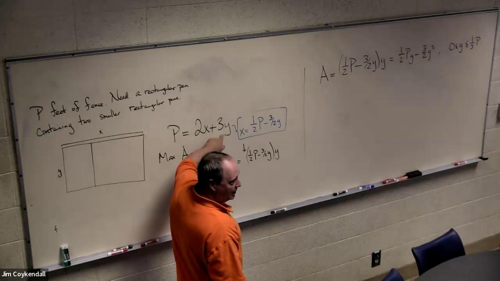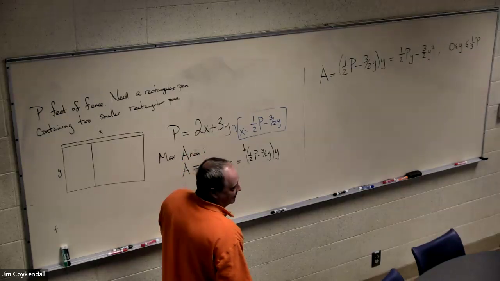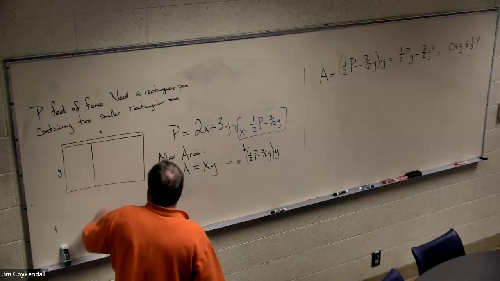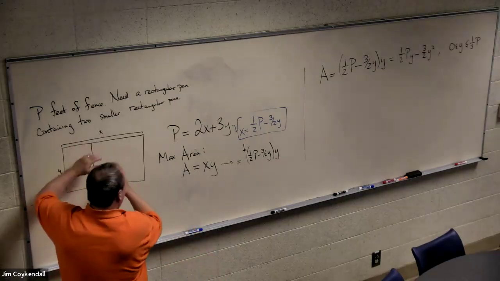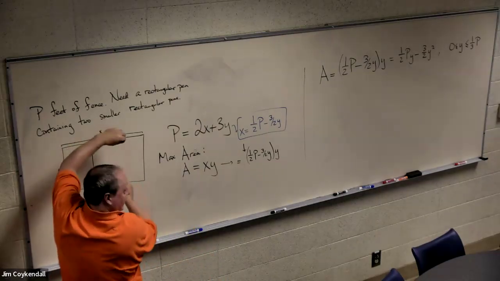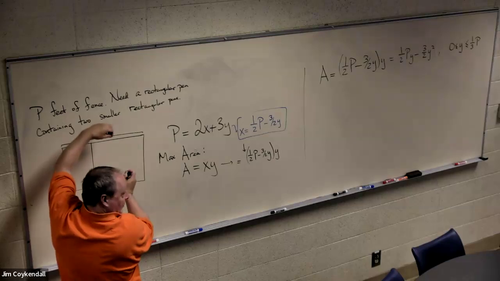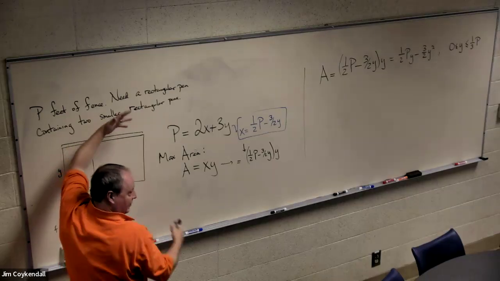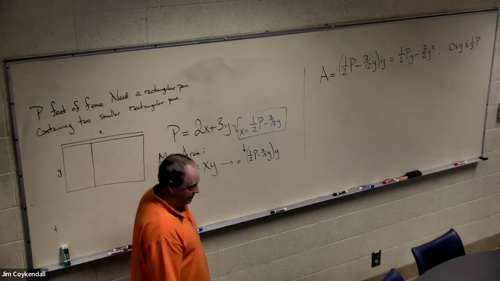Now solve that for y. y is 1/3 of P. Think of it this way: when x is 0, what has he done? He's taken 3 lengths of this and just run them right on top of each other. So it's 1/3 of the amount of fence he's got.